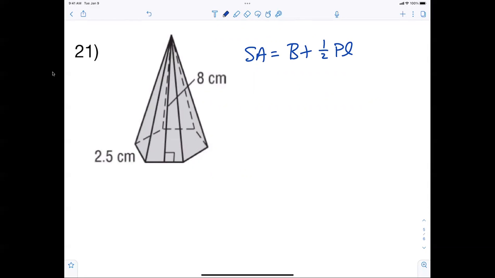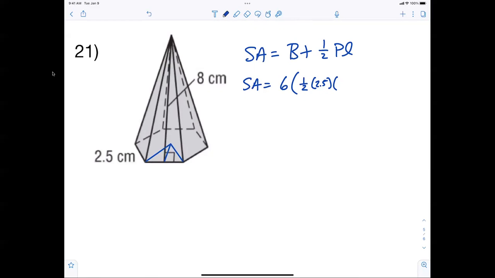Okay, so now we have to come up with the base area. Surface area equals, how many triangles are in the base? 6 times 1/2. What's the base? Times 2.5. Now, come on. What's the height? The distance from here to here. Exact answer, please. 1.25.